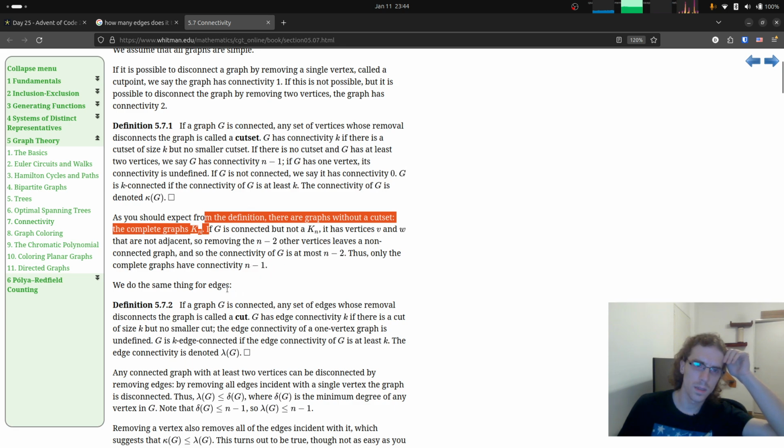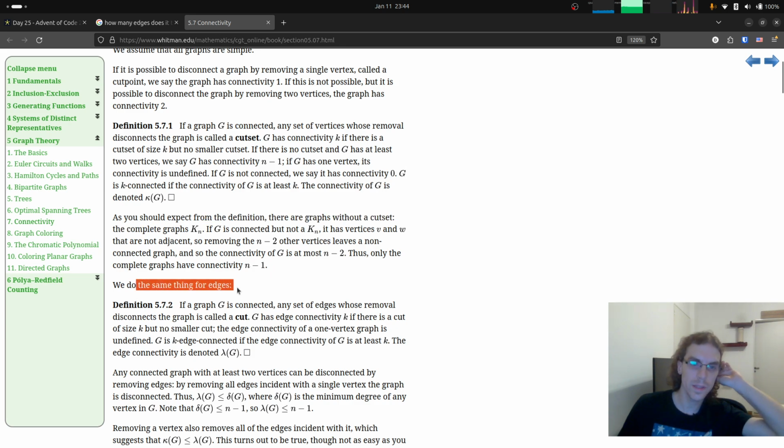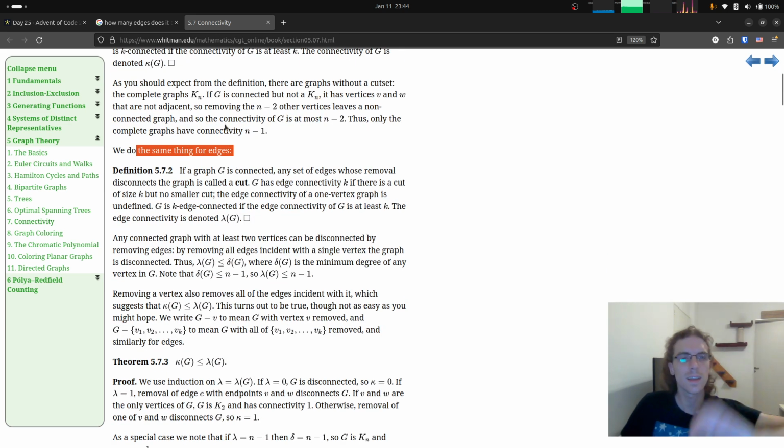Okay. We do the same thing for edges. That's what I want to know. If a graph G is connected, any set of edges whose removal disconnects the graph is called a cut. Not a cut set, a cut. Edge connectivity K if there is a cut of size K but no smaller cuts.